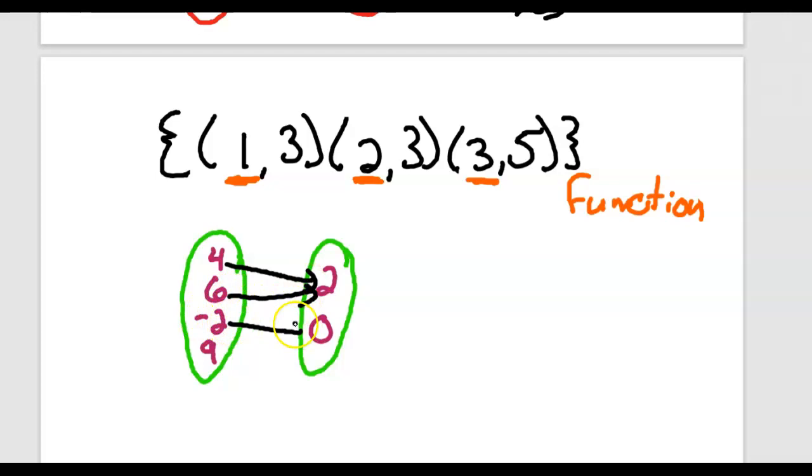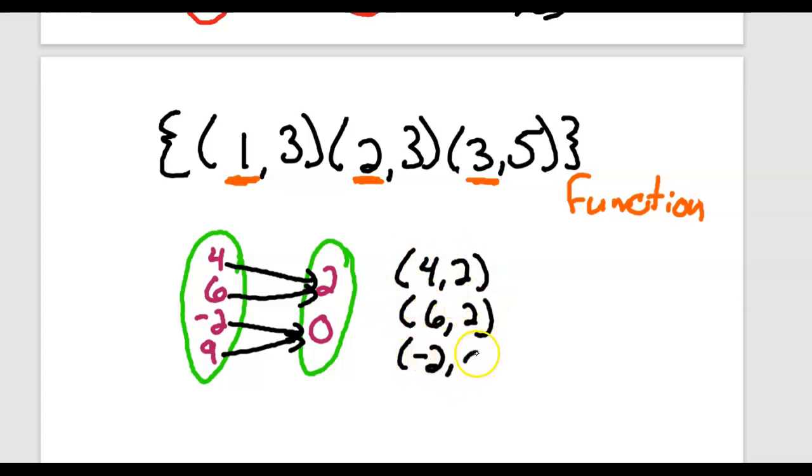Okay, well, notice each x value only has one line coming off of it. So my ordered pairs would be (4, 2), (6, 2), (-2, 0), (9, 0). None of my x values repeat, so this is a function.